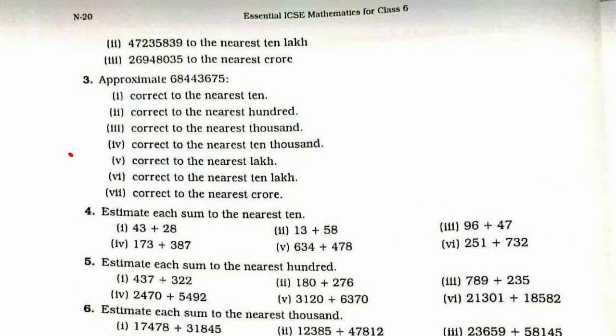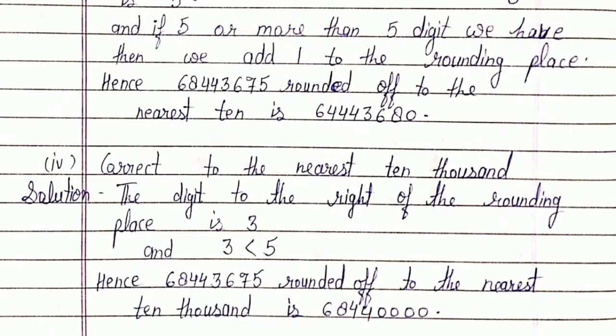Let us solve fourth part. Correct to the nearest 10,000 place. Now here, given number we will try to round off to the nearest 10,000 place. Look at here. For solving this, we will see the digit to the right of the rounding place is 3.